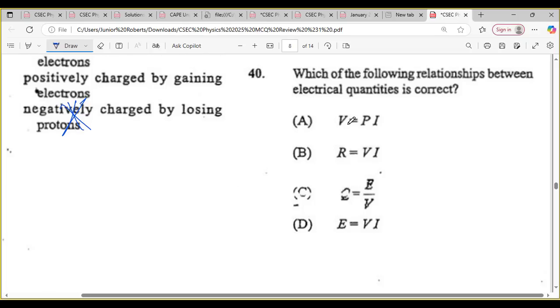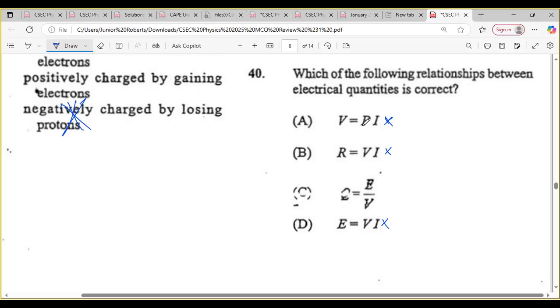40 now says, which of the following relationships between electrical quantities is correct? So we have V is equal to P times I. This is not true. We have R is equal to V times I. Not true. We have Q is equal to E over V. So we're saying that charge Q is equal to energy per unit volt. And we have E is equal to V times I. This is not true.